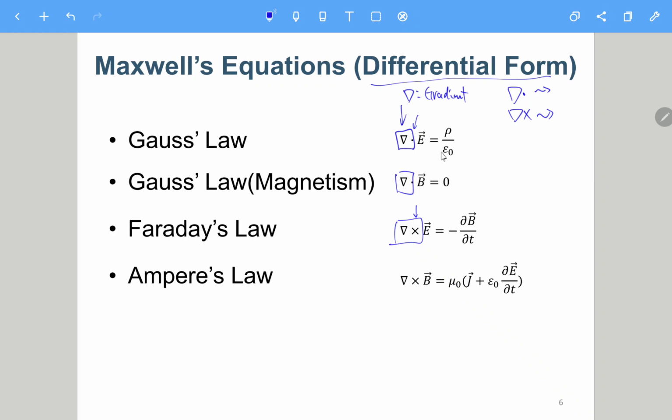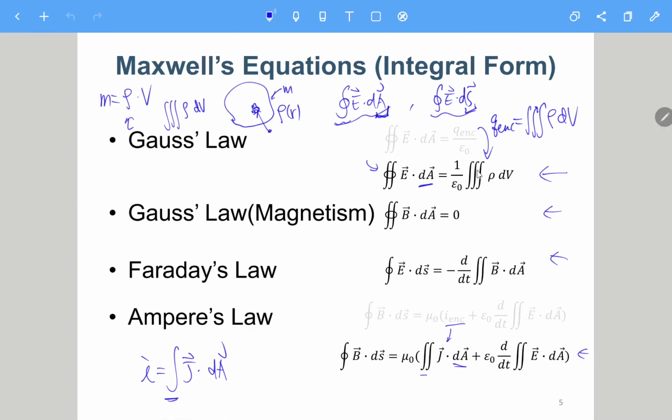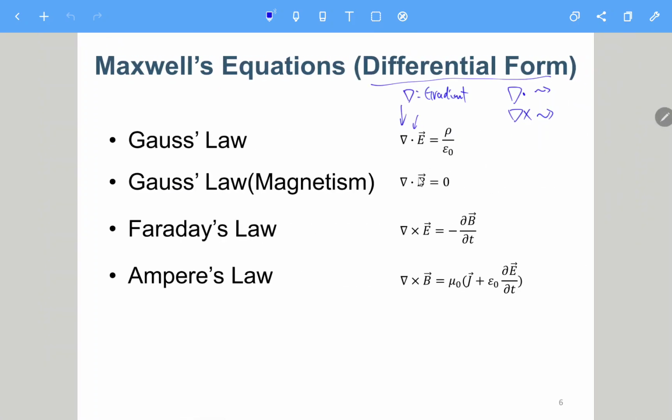For the differential form it looks like that, and you can see that the triple integration sign just disappears, so it remains 1 over epsilon naught times rho, which is rho over epsilon naught.